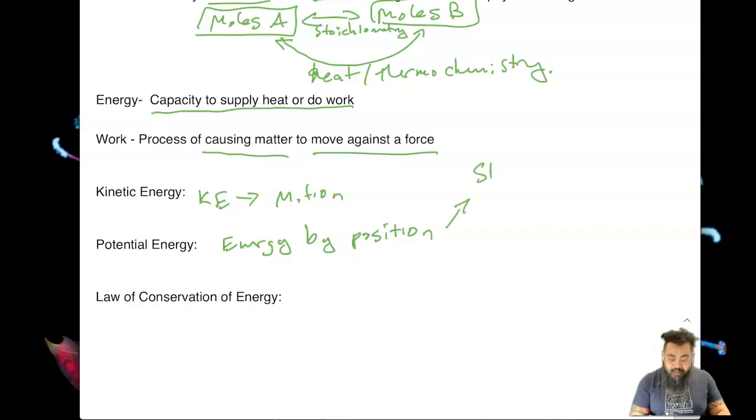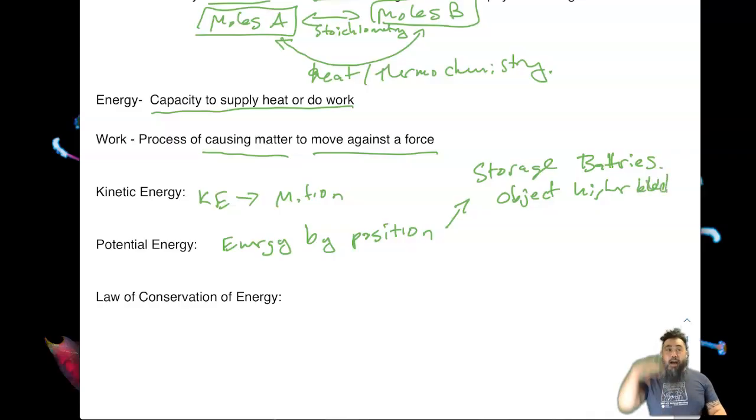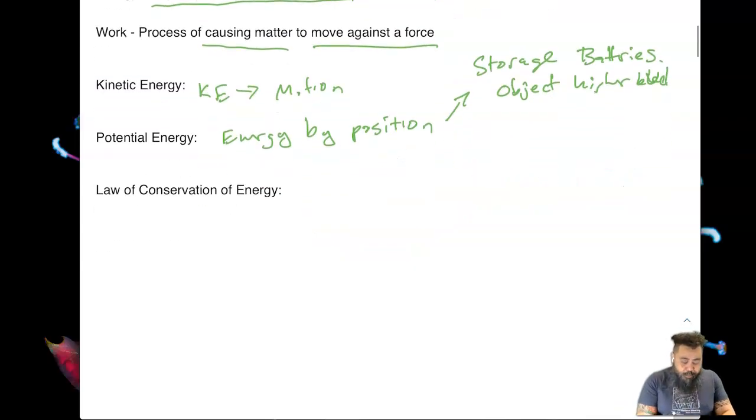So we're thinking about things like storage of energy. Something that comes to mind are things like batteries. And also, if you have some sort of object at a higher level, before the object actually drops, it has potential energy.